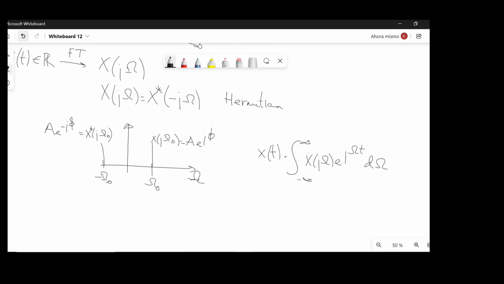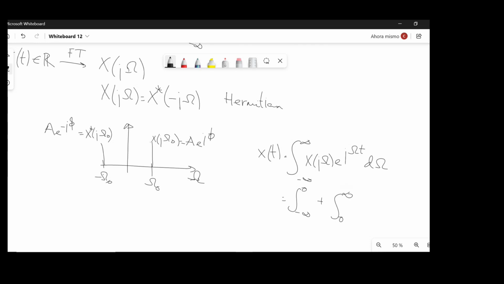You have to use the frequencies and time in the right places. If you don't do it, those are serious mistakes. Okay, so I have to add all these numbers, but I know that for every number that I have for a positive omega, I have the same number at the negative omega, that is the complex conjugate. So I can separate this into parts: the integral from minus infinity to 0, and then the integral from 0 to infinity.